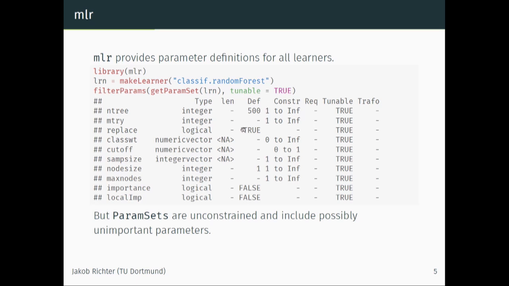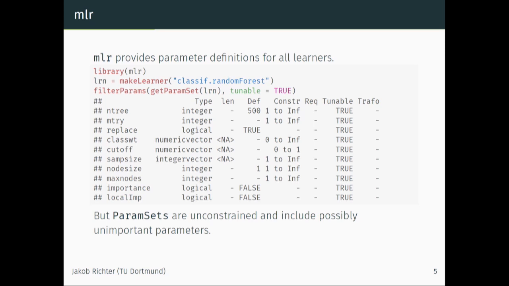You see the default value, and you also see the possible values it can take. For example, mtry can be 1 up to a really high number. But for tuning, this is unfeasible because there are unfortunately no good tuning methods which can handle infinite bounds for the parameter space. So you might want to set a maximum number.